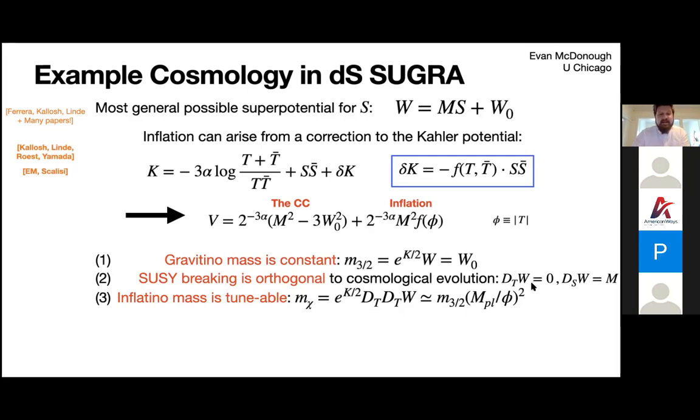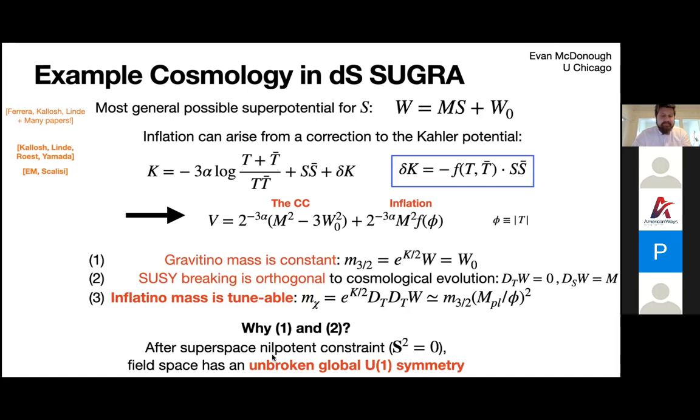In this context, SUSY breaking is orthogonal to the cosmological evolution: it's the field S which is breaking supersymmetry, but the inflaton is the field T. Three, the inflatino, which is the fermionic partner to the inflaton, has a mass which is tunable, which is to say at the end of inflation the mass of the inflatino is parametrically heavy, depending on wherever I want to put the minimum of the inflaton potential.